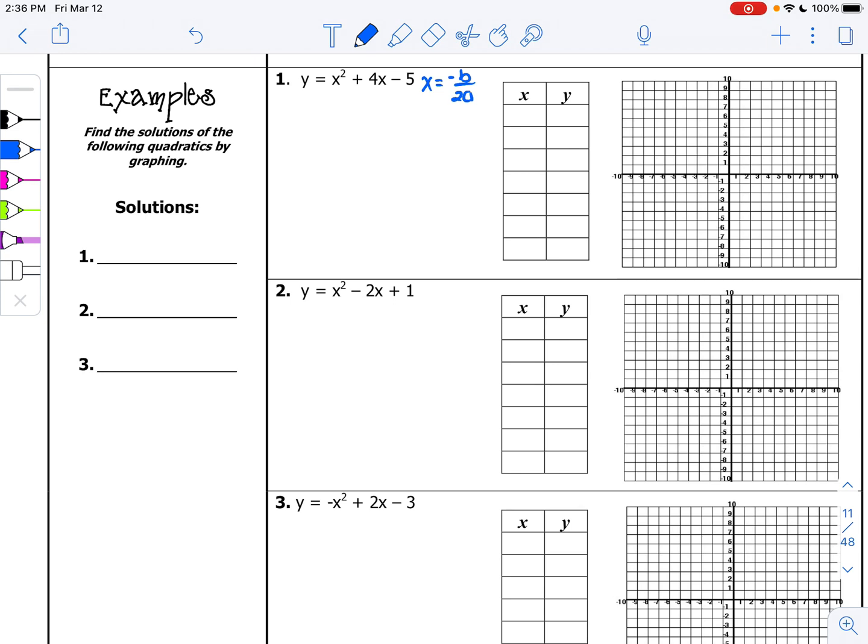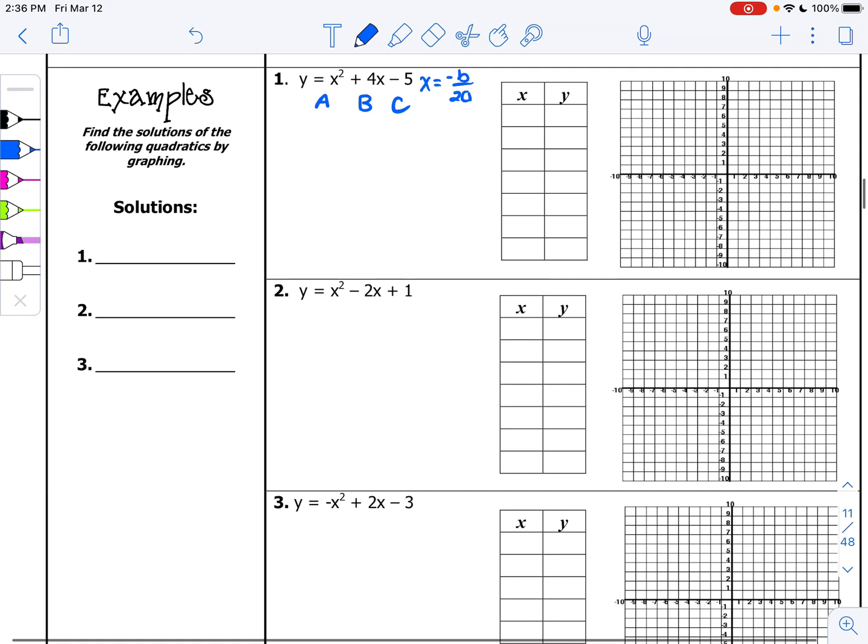In this example, a is 1, b is 4, and c is negative 5. So when I put it into my axis of symmetry formula, I get x equals negative 4 over 2 times 1. Remember, when you're substituting in that a and b, make sure that you're putting it in parentheses.